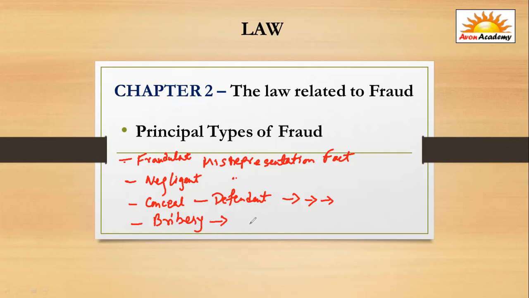Okay, so here again you are giving a kind of value, it can be cash, it can be an object, it can be anything. And you are giving it to the official so that he can get the work done.